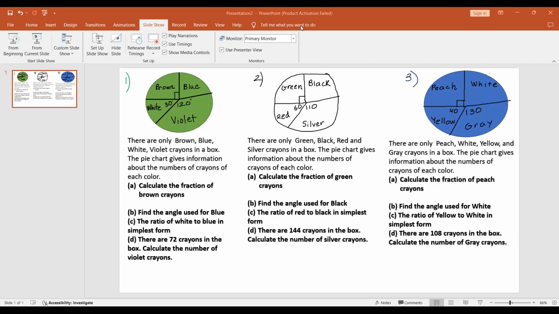What number are you on, Tanique? I'm not hearing from Tanique. Okay, 3A. Tanique, once you finish with your work, take a picture of it and send it to me via WhatsApp.